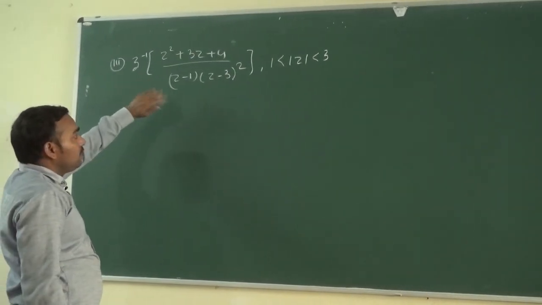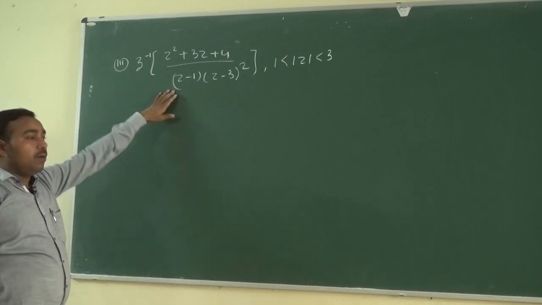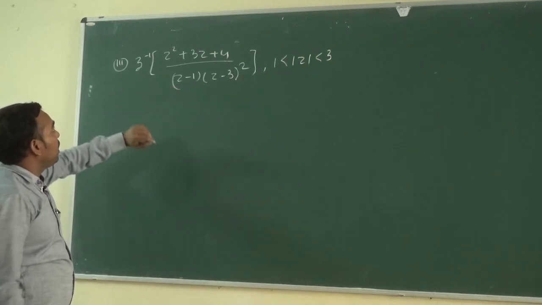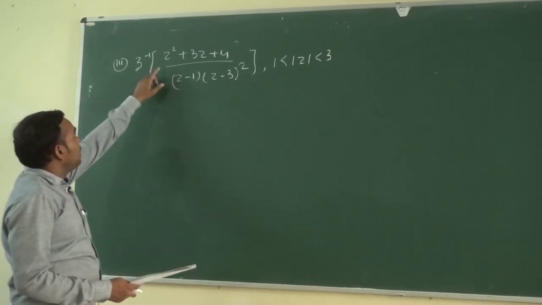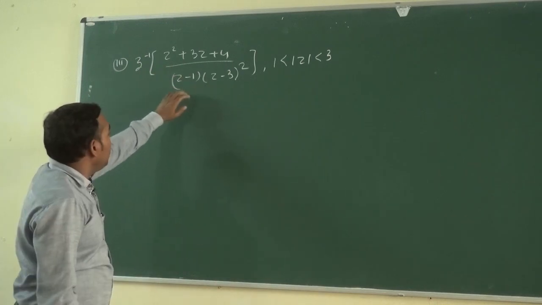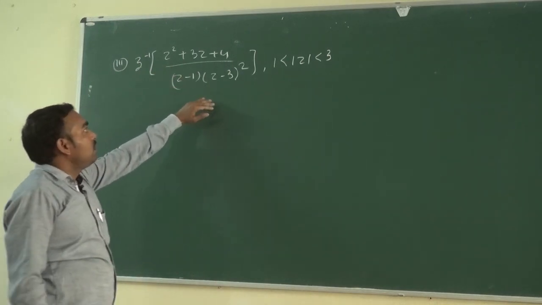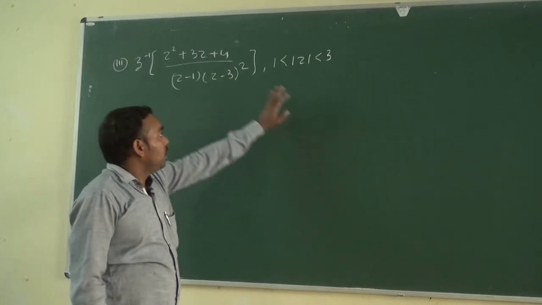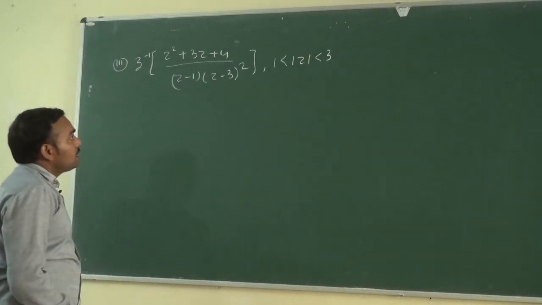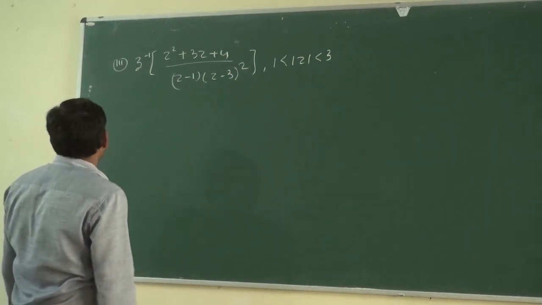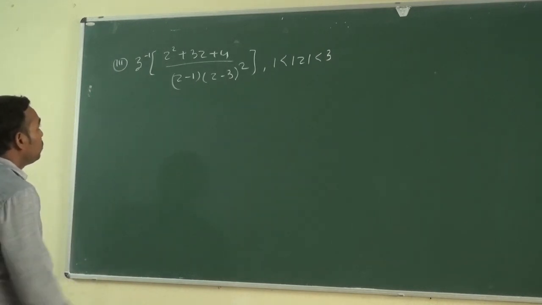Here we want to find the inverse z transform by the power series method, that is z square plus 3z plus 4 upon z minus 1 z minus 3 whole square. The region is 1 less than mod z less than 3.